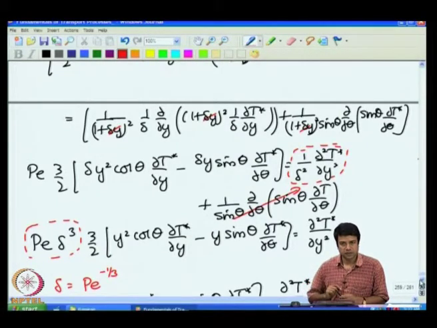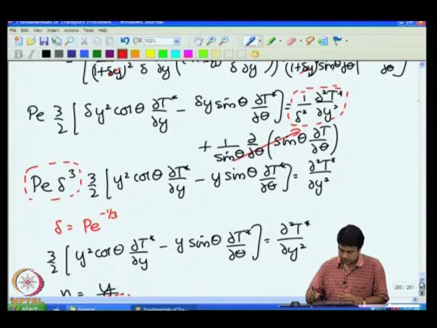As the boundary layer thickness, which is proportional to delta, becomes small, the cross stream diffusion term goes as 1 over delta square, whereas the length scale in the streamwise direction is still capital R. So, the streamwise diffusion remains the same, and as delta goes to 0, the cross stream diffusion becomes large compared to the streamwise diffusion.